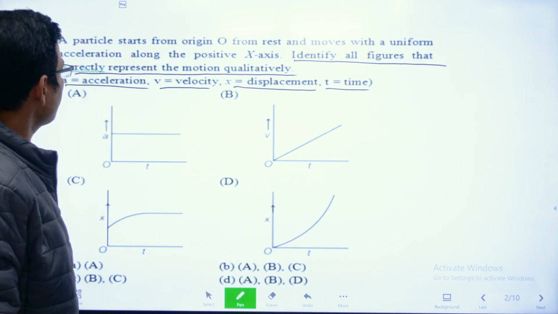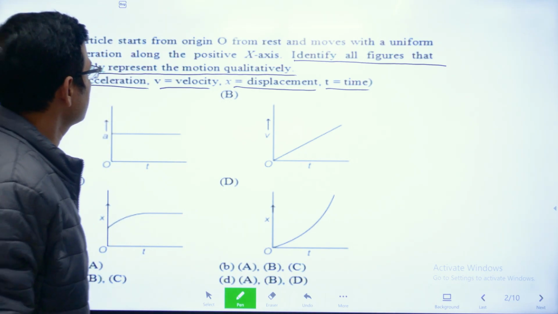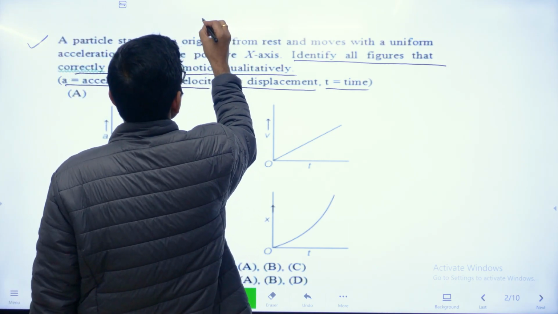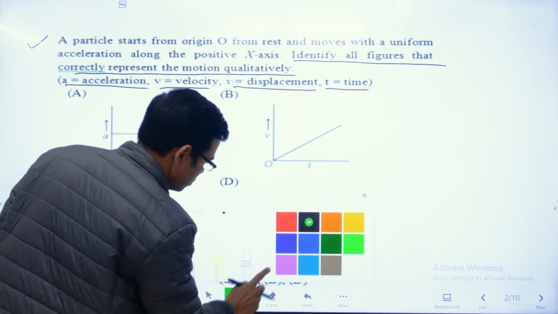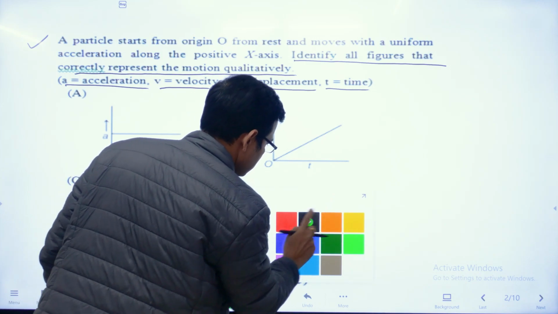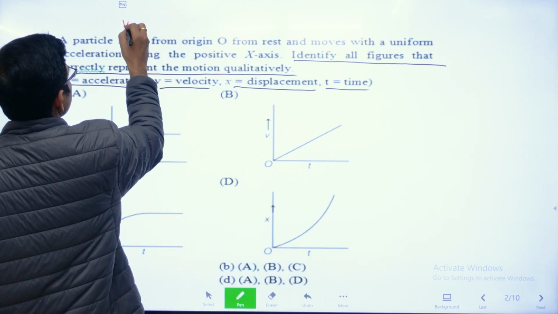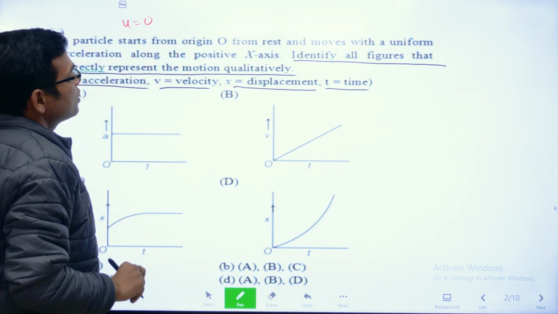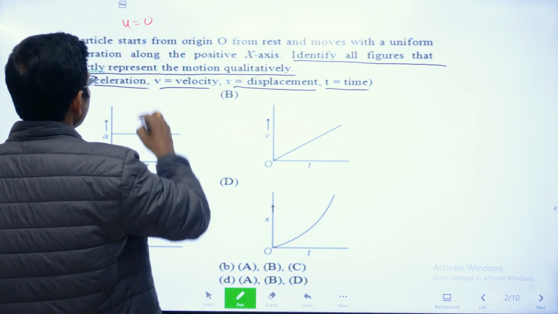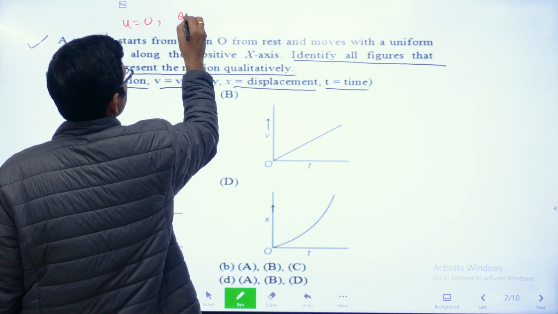In the given information, the initial velocity is given as u equal to 0. Here acceleration is equal to constant.